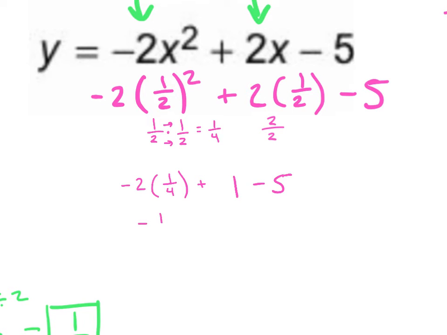So it would be negative 1 over 2, because we get 2 over 4, and then we can divide a 2 on the top and the bottom, but that 2 stays on the bottom. So negative 1/2 plus 1 minus 5.